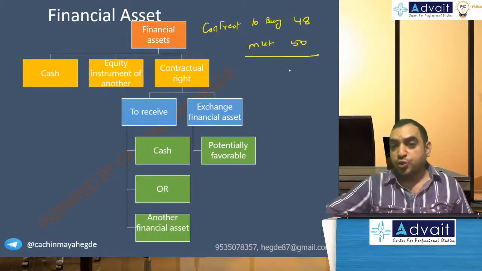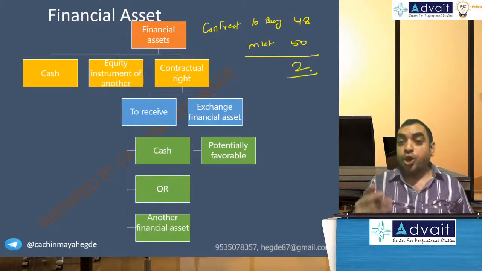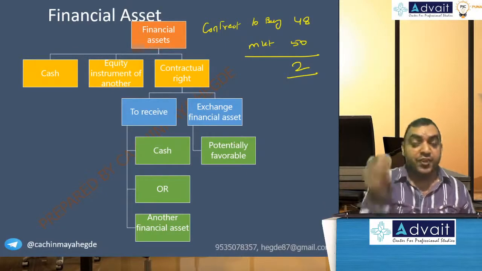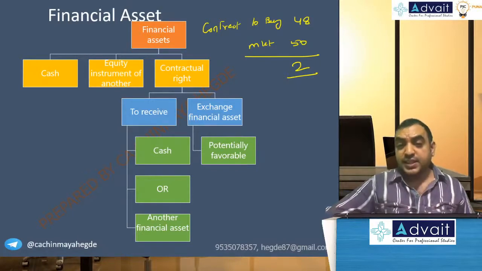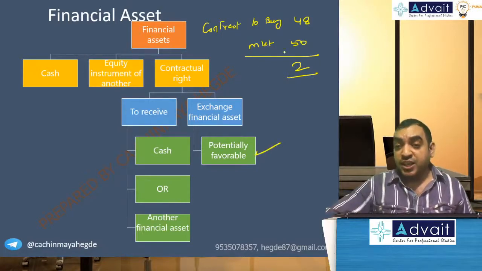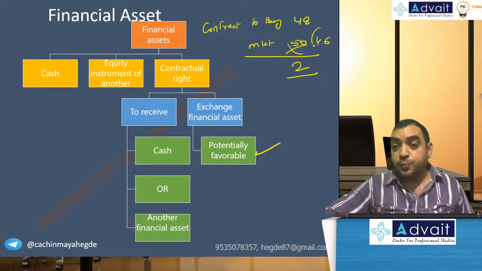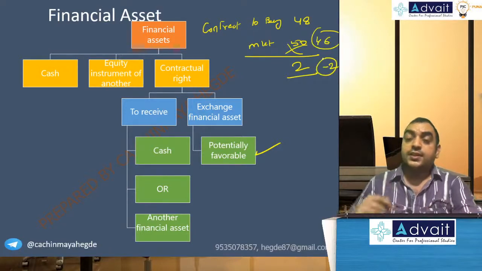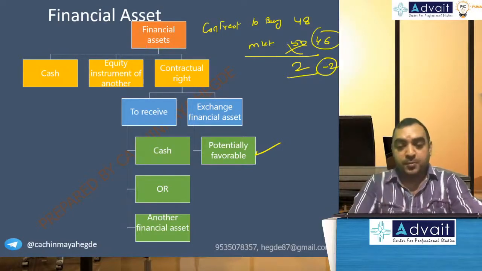That means you have saved 2 rupees, or if you buy at 48 and sell at 50, you can make a profit of 2 rupees. That's called potentially favorable. If the 50 rupees becomes 46 rupees, then it is a 2 rupee loss, and that becomes potentially unfavorable.